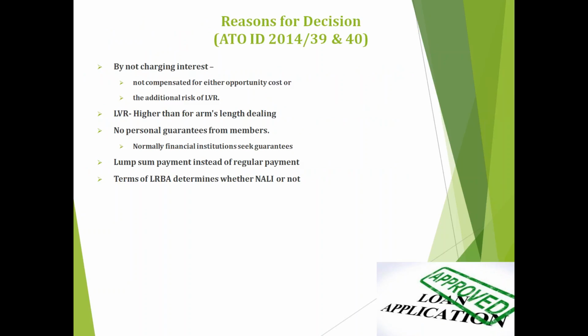In our present case, ATO ID 39 and 40, the Commissioner concluded that the parties did not deal with each other as arm's length parties in both the cases. The ATO factored the following as the main issues that affected the outcome for the decision.